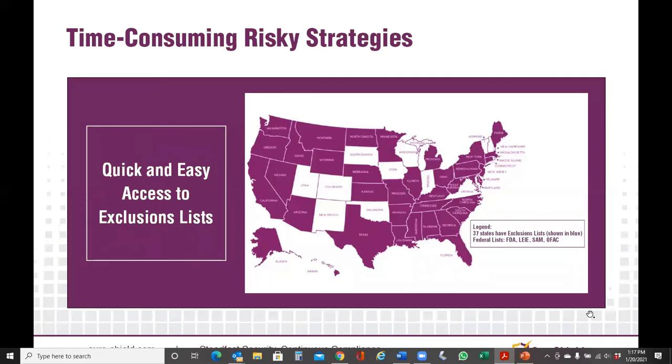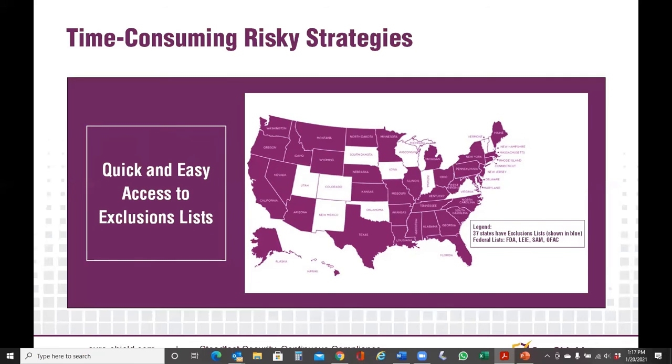This is just a couple of visuals I wanted to provide before we go into how this process can be made a bit easier for you. As I mentioned before, this is a visual of just the 4 different lists or databases on the federal level that need to be checked: the FDA, the LEIE, the SAM, and the OFAC.